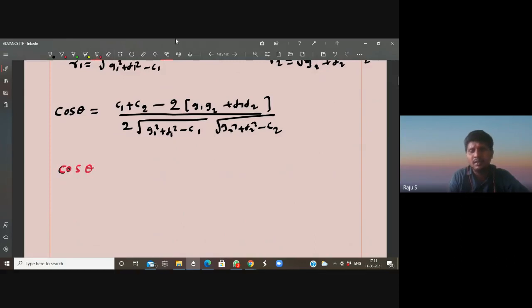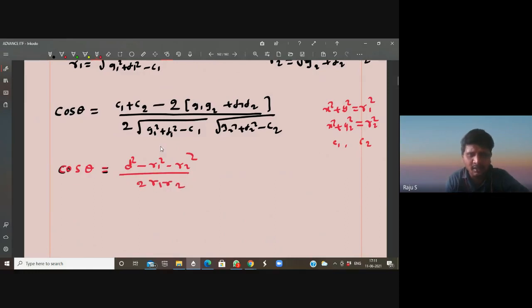If we take the two circle equations as x minus h the whole square plus y minus k the whole square equal to r1 square, with different centers and different radii, then cos theta equals, as I gave last time, D square minus r1 square minus r2 square divided by 2 r1 r2.